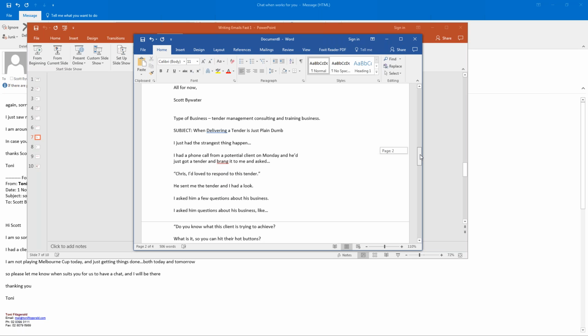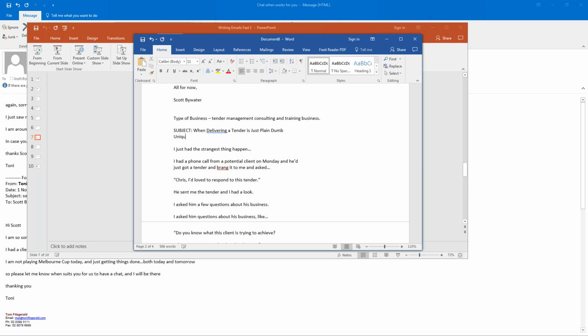Now the other thing we could say something along the lines of, so we look at the 4 U's: unique, useful, urgent, ultra specific, and we can come at this from a number of different angles. This tender would have failed.